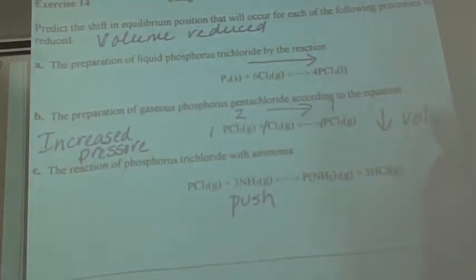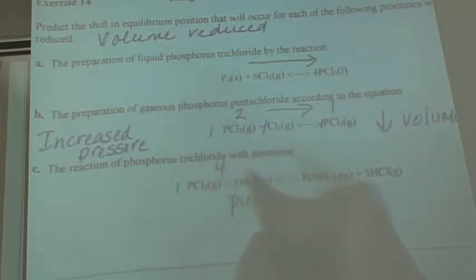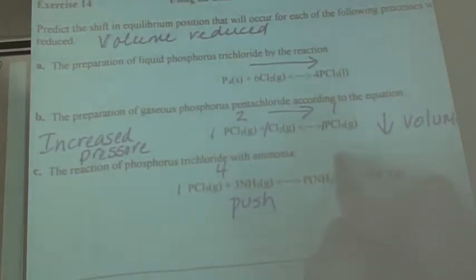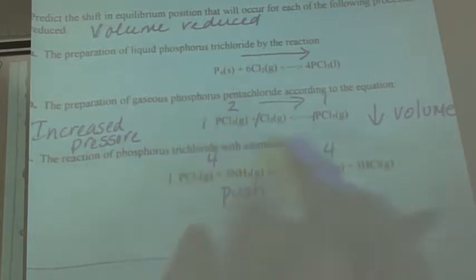Decrease the volume, can't fool you. Okay, this one? There are 4 moles of gas on this side, and there are 4 moles of gas on this side. So it doesn't need to shift.